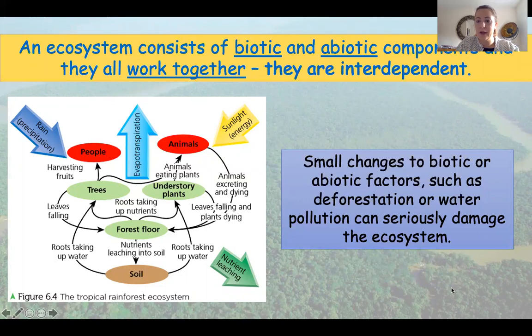Small changes to biotic or abiotic factors, such as deforestation, so that's people cutting down the trees, or water pollution, which could be from people mining near the rainforest, can seriously damage the ecosystem, and that interdependence then stops working. So we're going to get less biodiversity, plants and animals being put at risk, and potentially losing species.